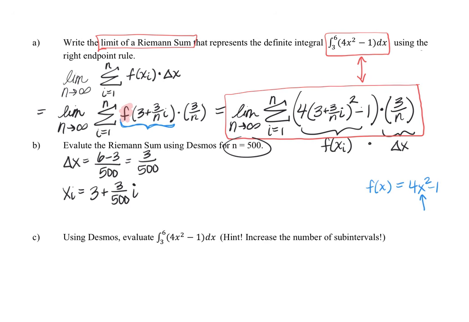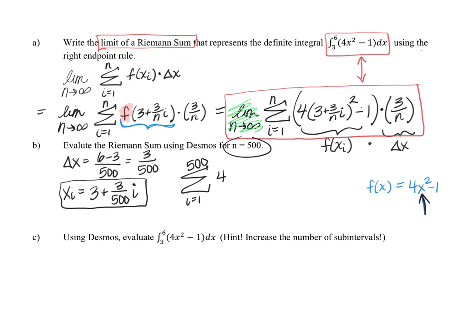So looking at what we did in part A, what that means is we're not going to be doing the limit out in front. We're just going to be doing the summation. So that's going to look a little different. So we'll do just the summation from i equals 1, but we're now going to 500. Again, our fixed number of rectangles. We're still going to take this x sub i and substitute that into our function in place of x.